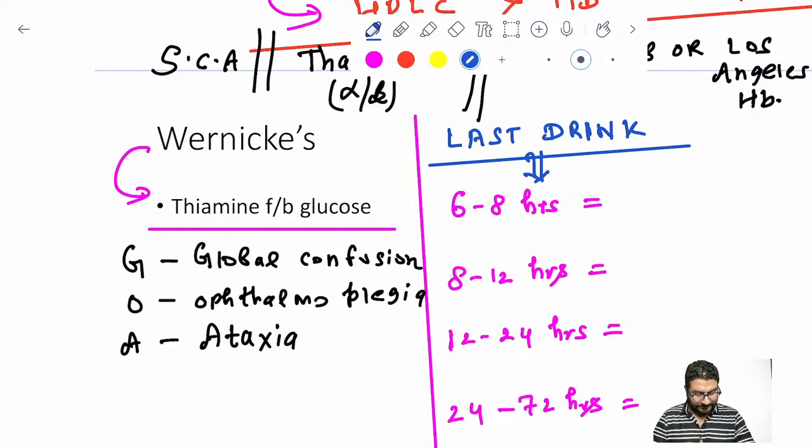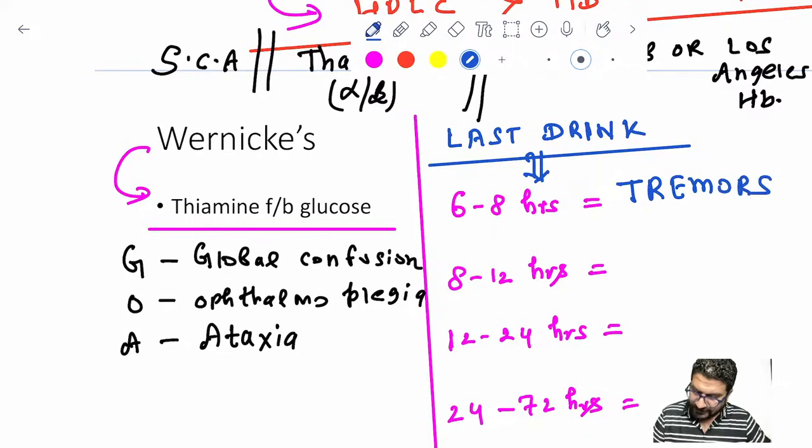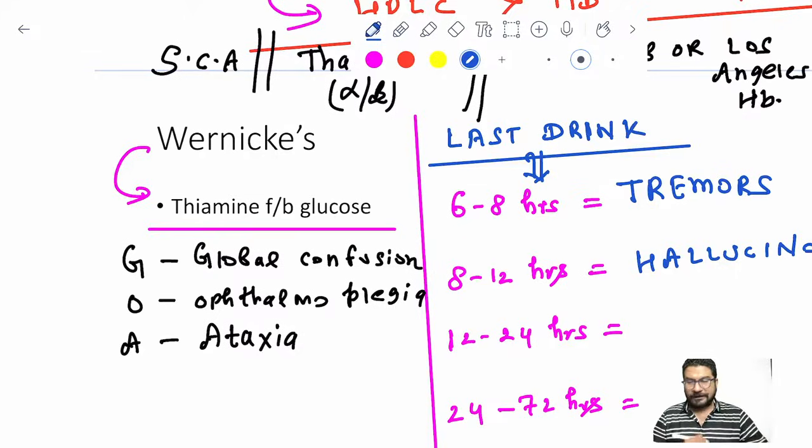So understand. If you drank alcohol 6 to 8 hours ago, what will you develop? You will develop tremors. Now coming to 8 to 12 hours, the patient can develop hallucinations. Here you will see development of hallucinosis, or we call this hallucinations. In 12 to 24 hours, the patient can develop seizures.